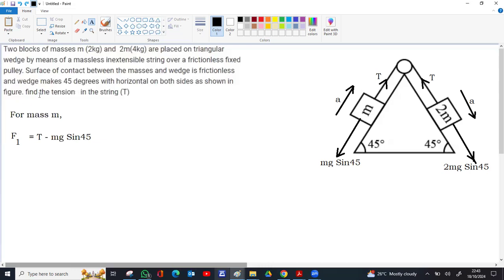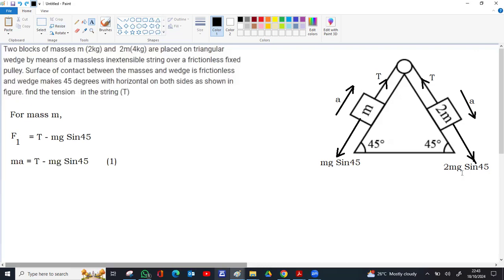Now force is always mass into acceleration. The mass is m, the acceleration is a, which we don't know and are calculating. So the net force is mass into acceleration: ma equals T minus mg sin 45. This is equation number 1. Now if you consider 2m, the greater force is 2 mg sin 45.